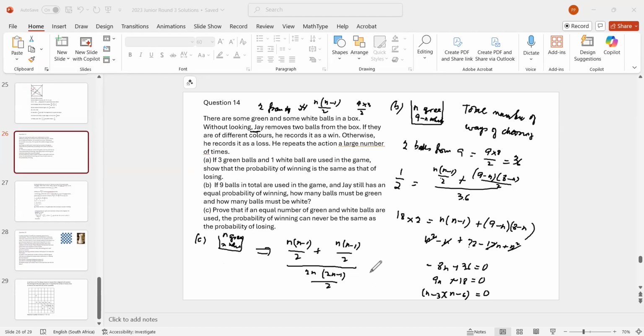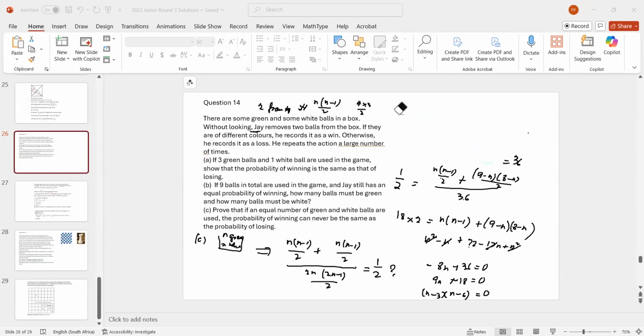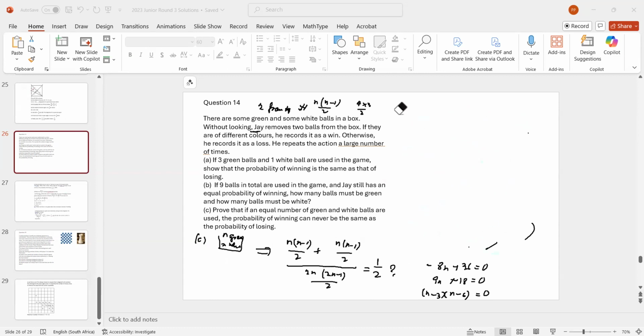Now you want to know whether this is actually equal to a half. Right? And when you work this thing out, you see that it's impossible. Let me say why. So there's no value of n which will make this, sorry, this equation looks rather complicated because you're taking fractions.